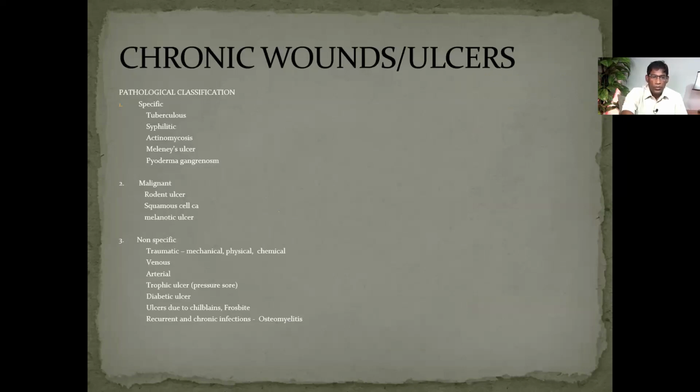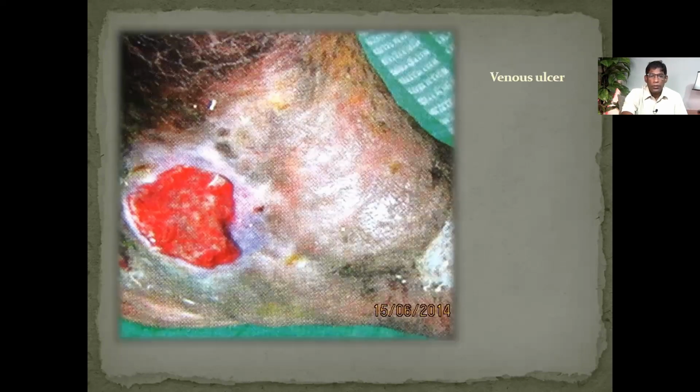Then you get the non-specific ones: traumatic, like mechanical, physical, and chemical, venous, arterial, trophic ulcers, diabetic ulcers, ulcers due to chilblains and frostbite, recurrent and chronic infections like osteomyelitis. So this is a venous ulcer.